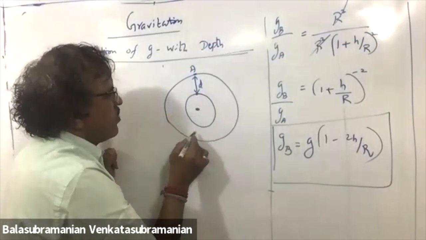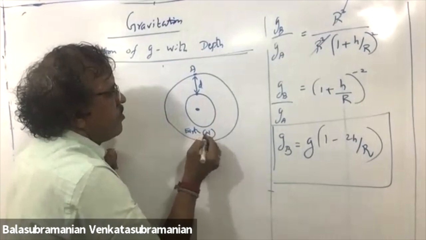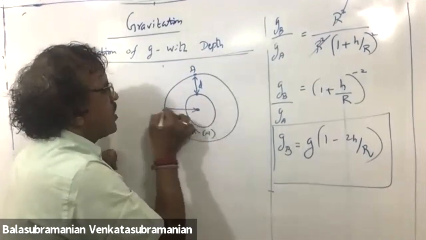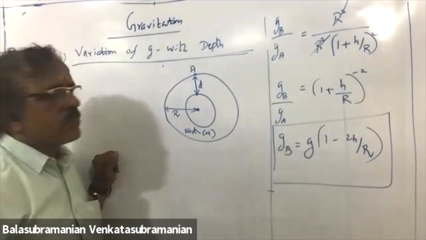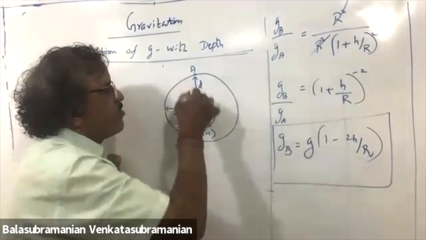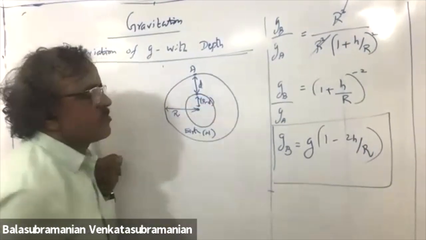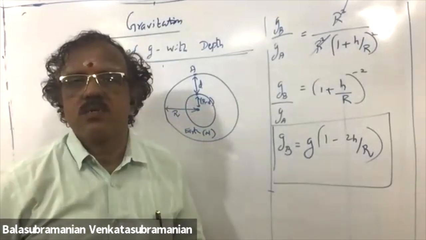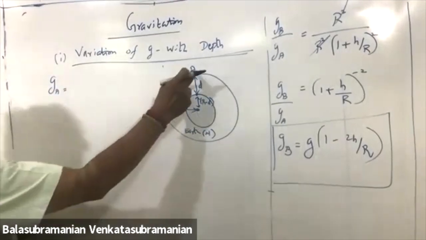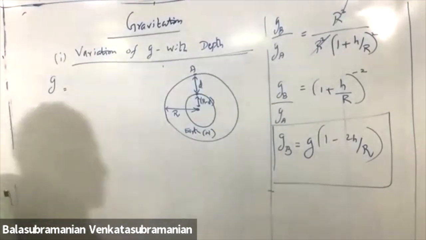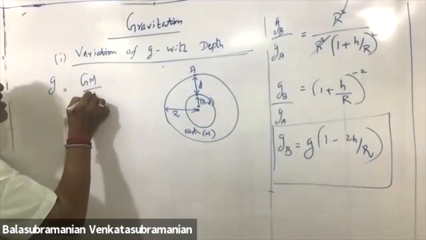You know very well, Earth mass capital M, radius capital R. At a depth d means the remaining should be R minus d. So the formula gA at the surface, we will take it as g. Formula GM by R square, basic formula.